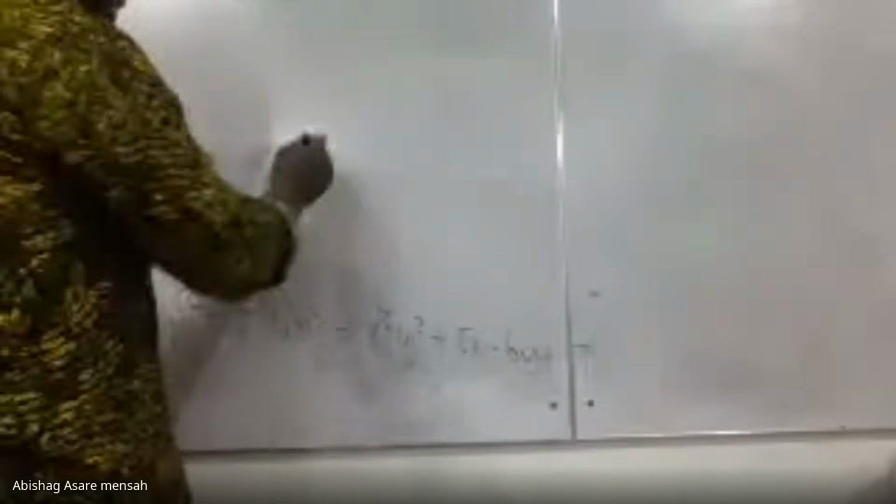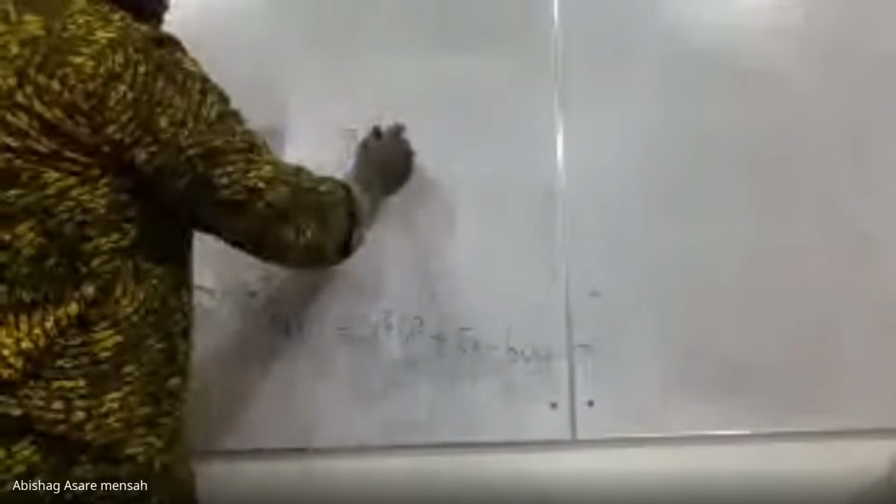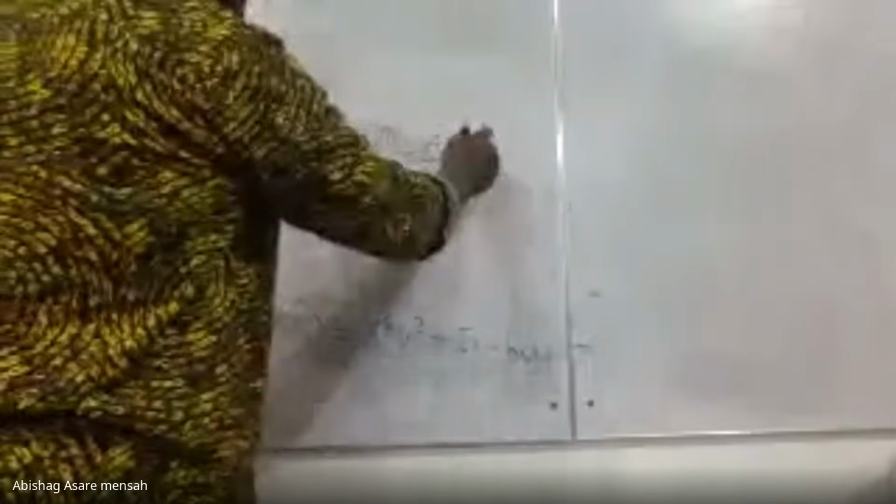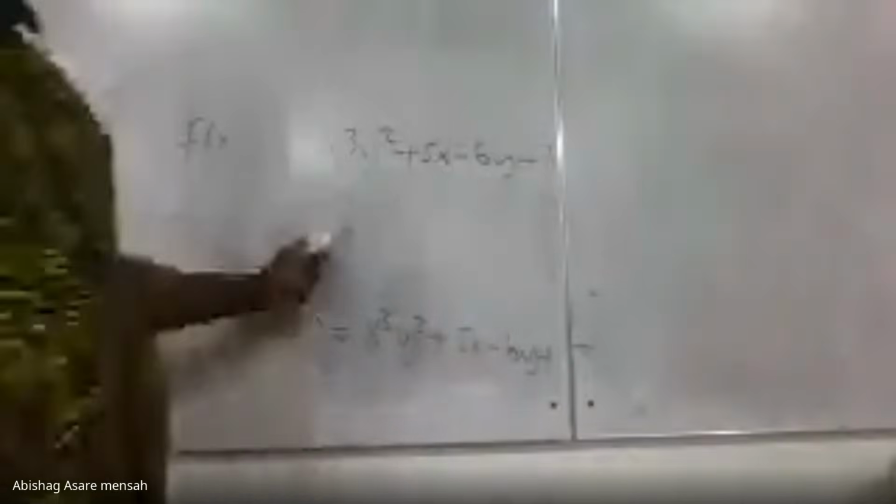You have x cubed y squared plus 5x minus 6y plus 7. This is the function. You are finding all the points where this function is continuous. Remember I told you that if it's a polynomial, what do you have to do?